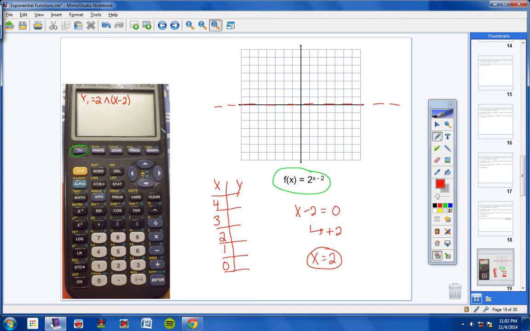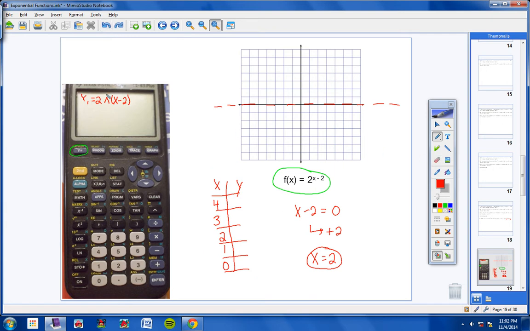Now, Mr. Arrow, why do we do that? Because, students, once you enter this equation, your calculator will give you a perfect table of values right here, okay? So hopefully everything's going well so far. Now, next, come over here on your calculator.